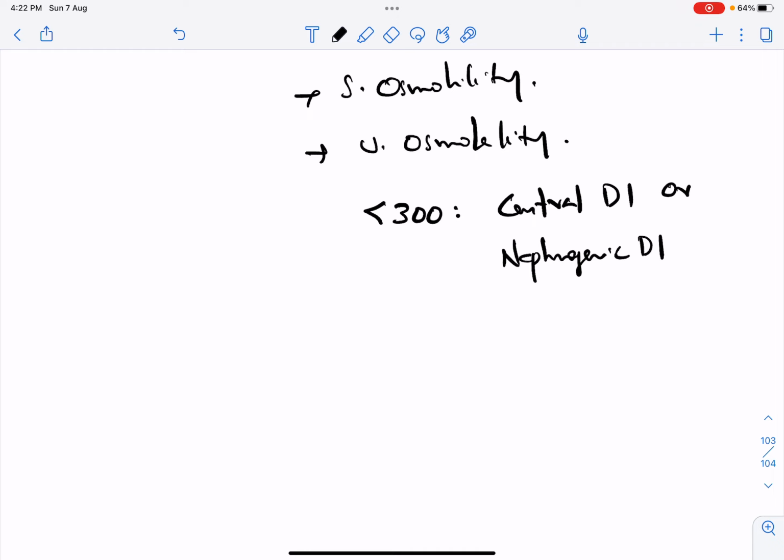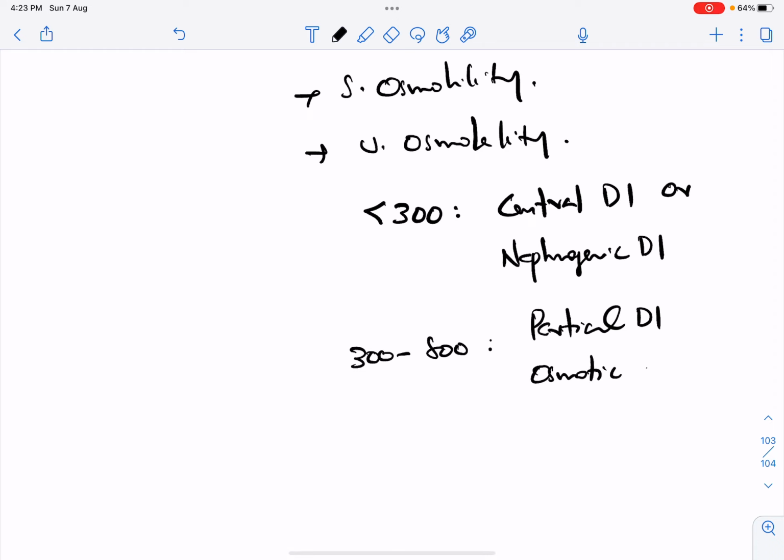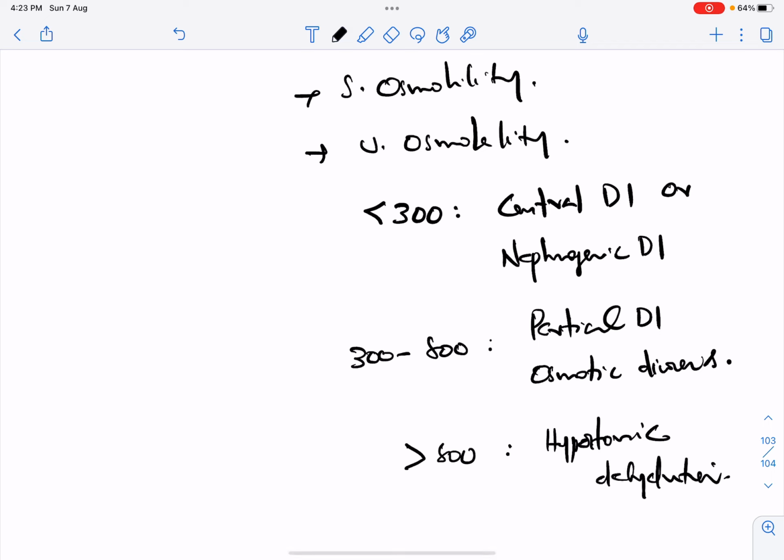If the urine osmolality is between 300 and 800, the cause may be partial diabetes insipidus or osmotic diuresis. And if the urine osmolality is more than 800, the cause is hypertonic dehydration. This is how you should interpret the urine osmolality.